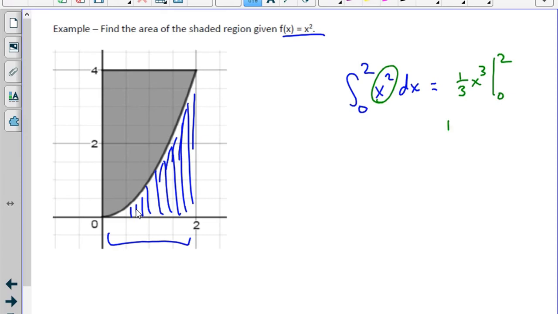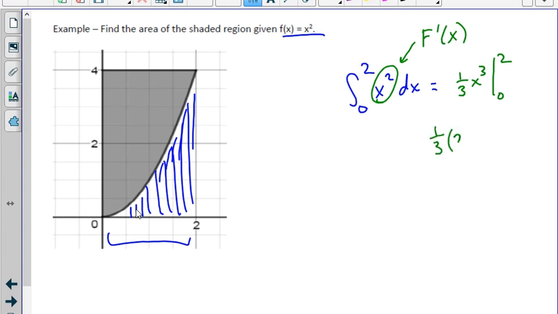If this is our f prime of x, we can make this our big F of x: 1/3 x cubed plus c. But we don't even really need that plus c for this fundamental theorem of calculus, and the reason is because we're going to be subtracting these two things together.